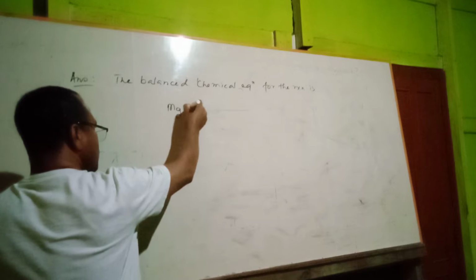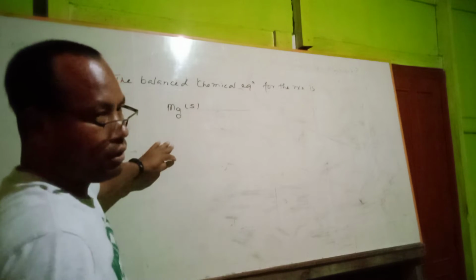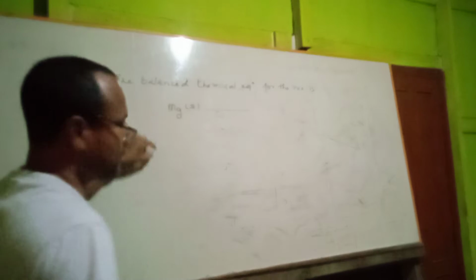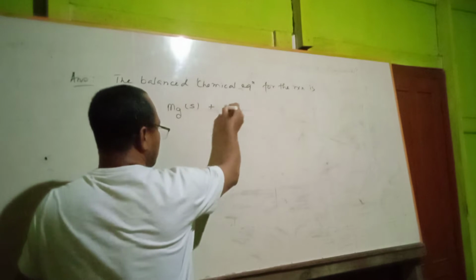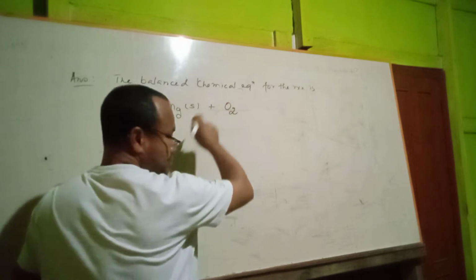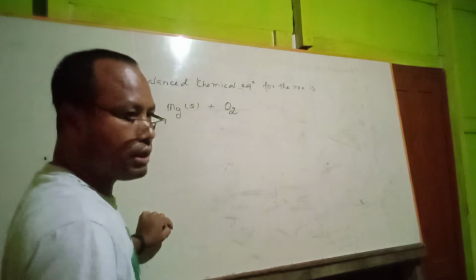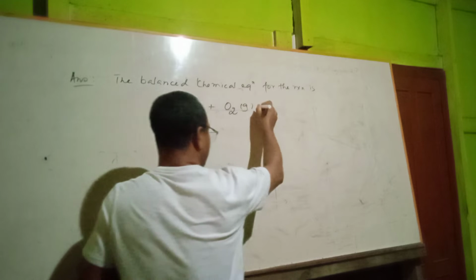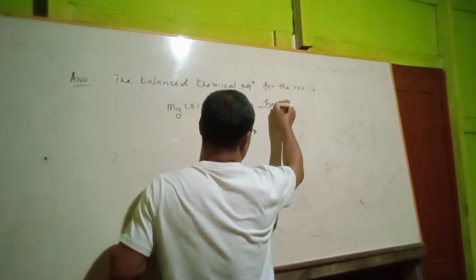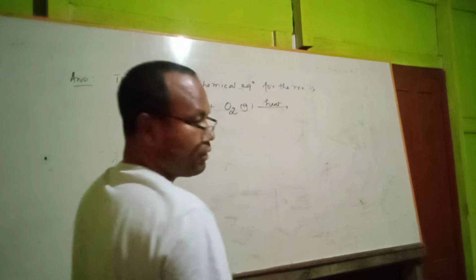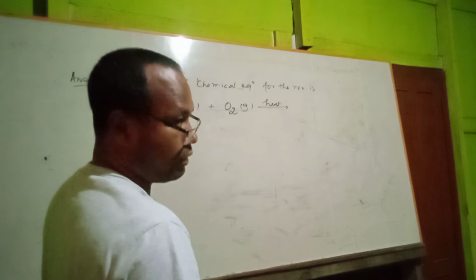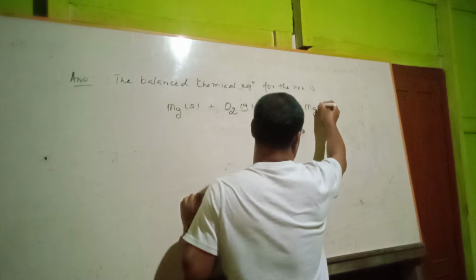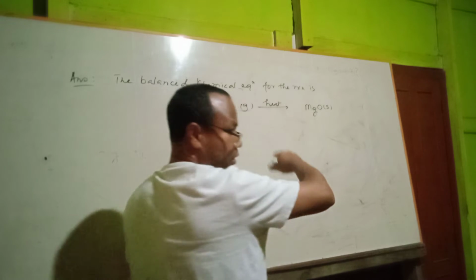Normally this is solid, so its physical state is solid. Now it is burned in the presence of oxygen, right? The physical state of oxygen is gas. Burning means we heat it. So what will be the product obtained? That is magnesium oxide. Normally this is also solid, right?